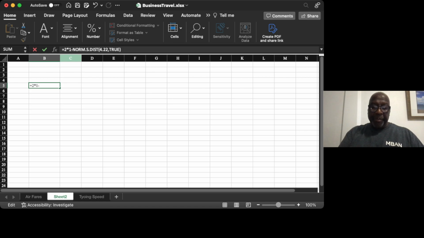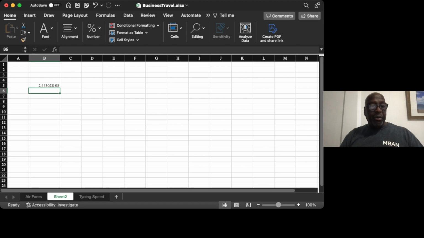It is basically 2.44 times 10 to the minus 5. So the actual p-value is 0.0000244.